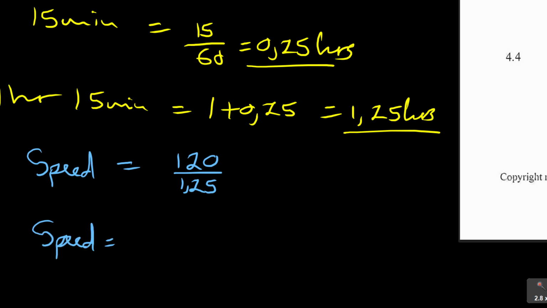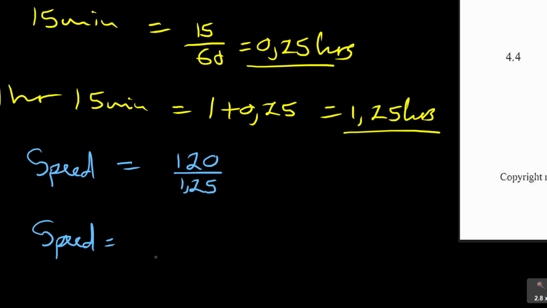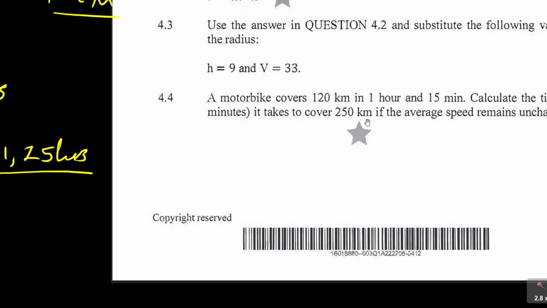And then when I do that, it will be 120 over 1.25. It's 96. So it's 96. Remember, it's kilometers. We converted to what? Per hour. That's what I wanted there. One important part.